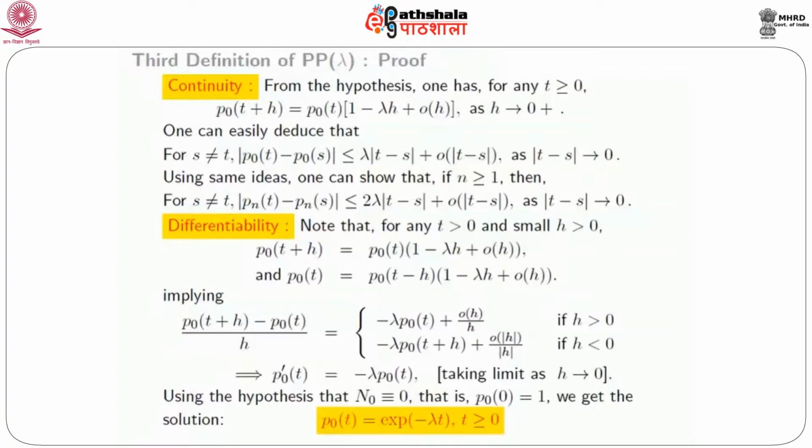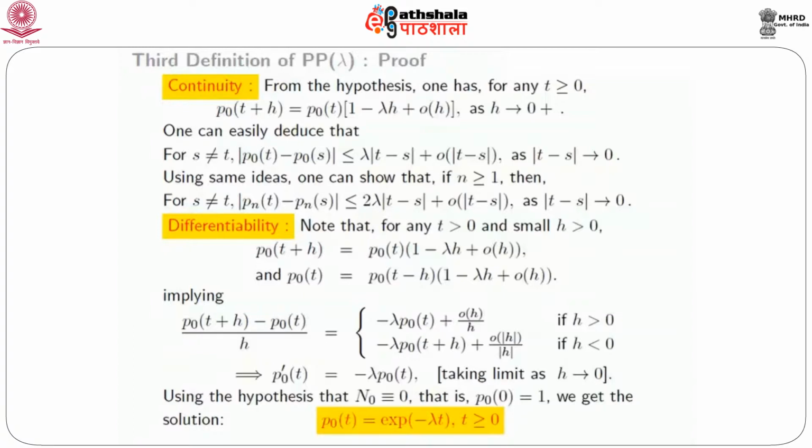Whether you are in the case h positive or in the case h negative, in both cases, the limit of this quotient as h goes to 0 is indeed minus lambda into P0t. So that shows that P0 is differentiable and that P0 satisfies this very simple differential equation, namely P0 prime t is minus lambda P0t.